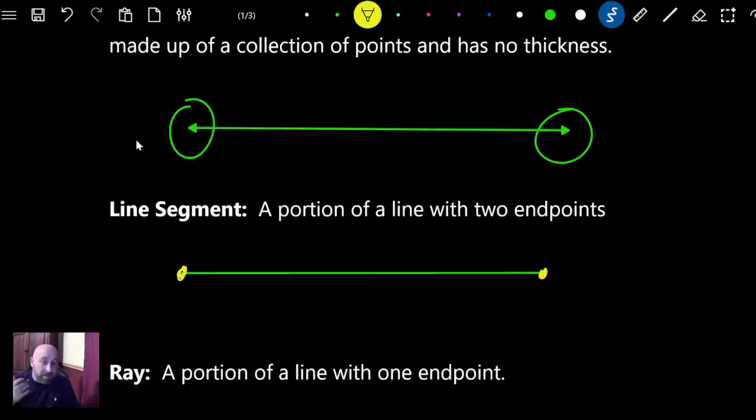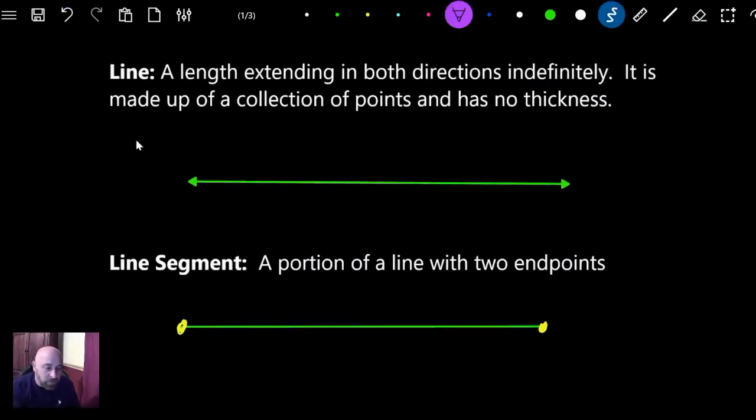Obviously, our point has thickness and length, but it's just a representation of the point. Okay, so a line has the arrows extending in both directions. A line segment is going to have dots or points on the end of each one.